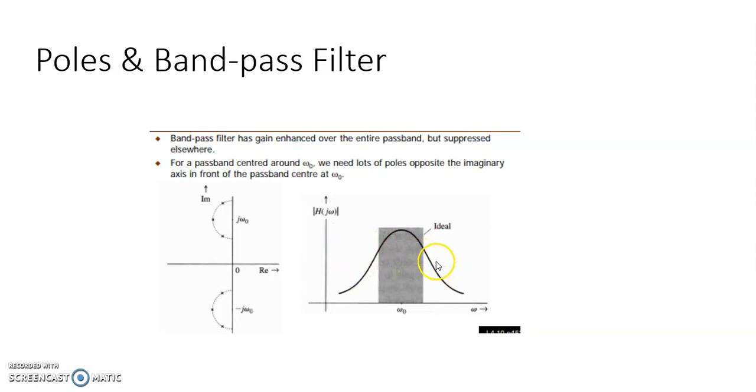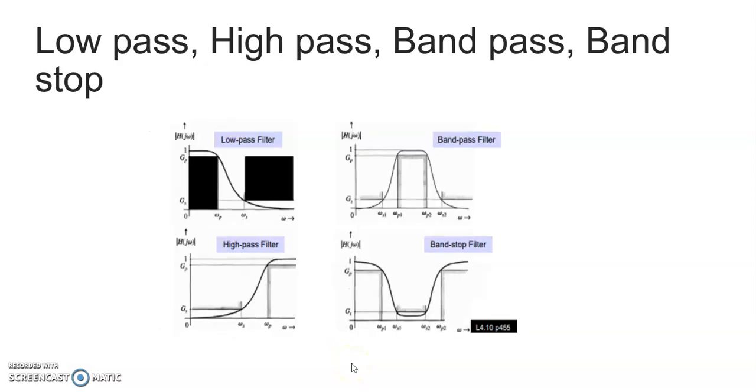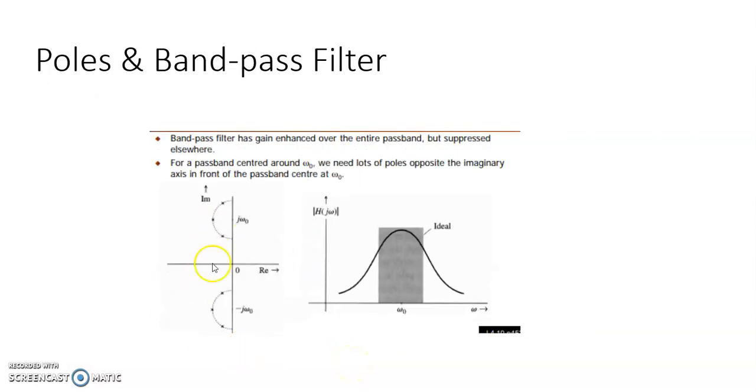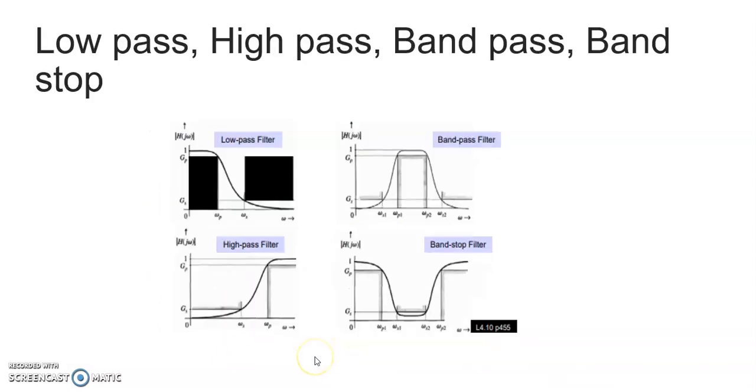So some designated frequencies, before that it will not allow, and after that also it will not allow. This is band pass. It is going to allow a band of frequency to pass through it. And this is how its characteristics with respect to the real and imaginary axis are going to look like. This you are going to draw from the values of the transfer function, positions of the poles.